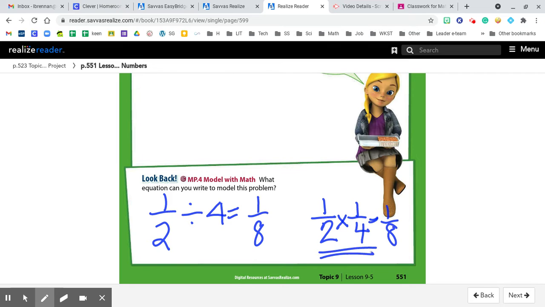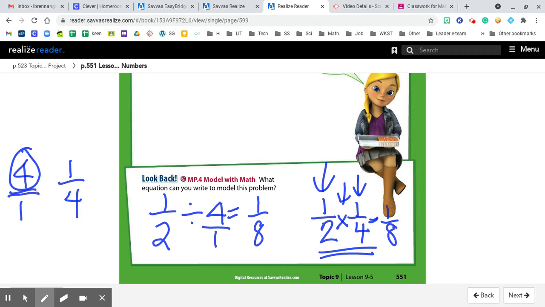And we got that by keeping the first fraction, changing the sign, and flipping the next value. Remember, the whole number is written as a fraction by putting a 1 underneath. So when we flip it, the inverse will be 1/4.